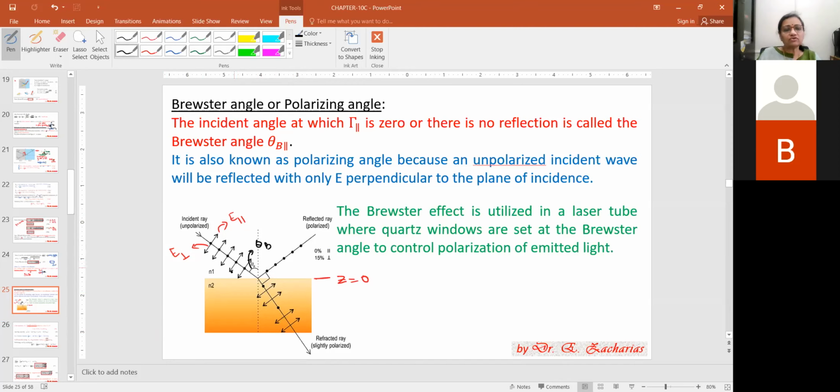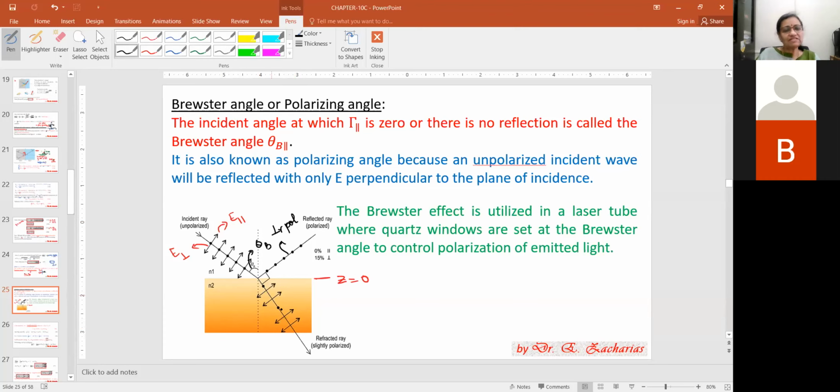Parallel is these arrows. These arrows mean the parallel polarization component. So that parallel polarization does not get reflected. What is getting reflected is perpendicular polarization, and some part of perpendicular also continues to get transmitted.